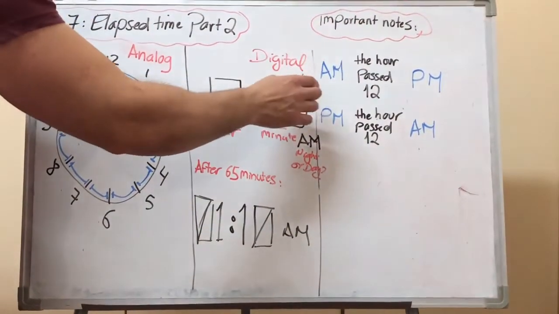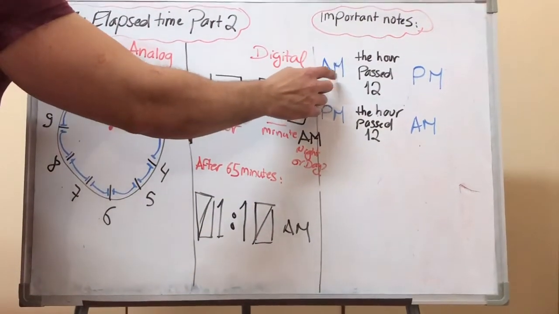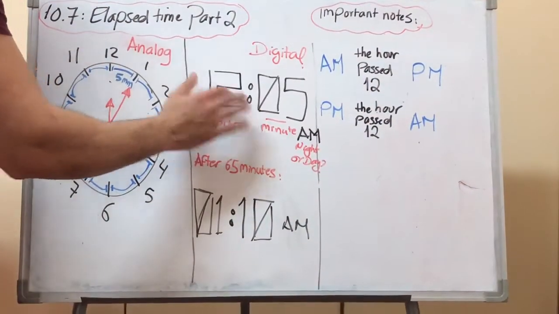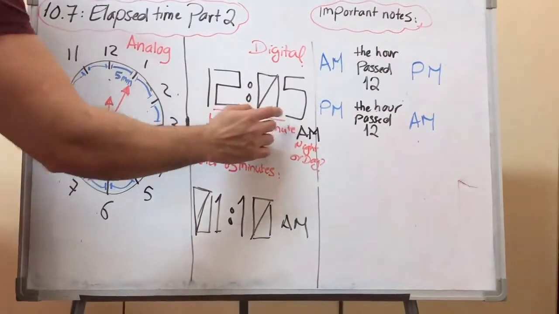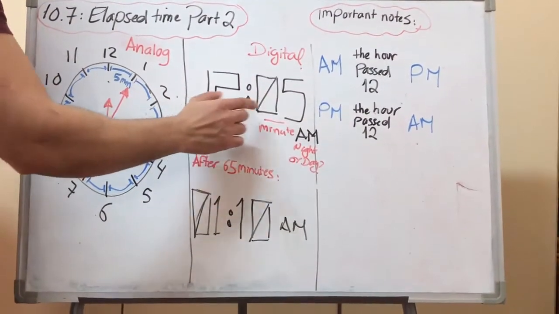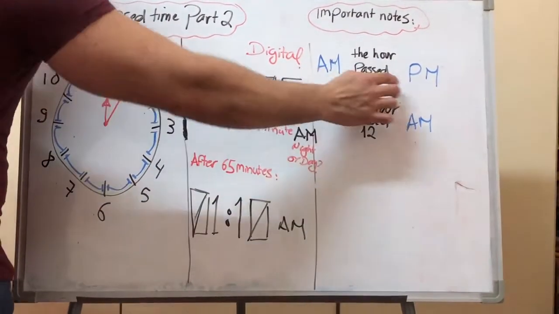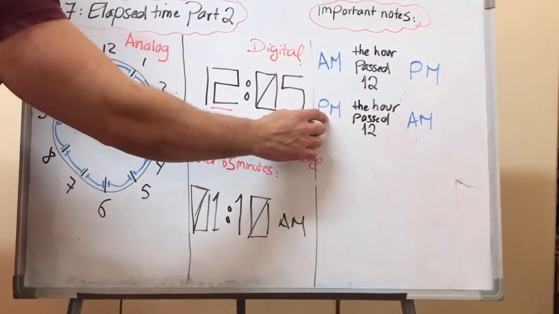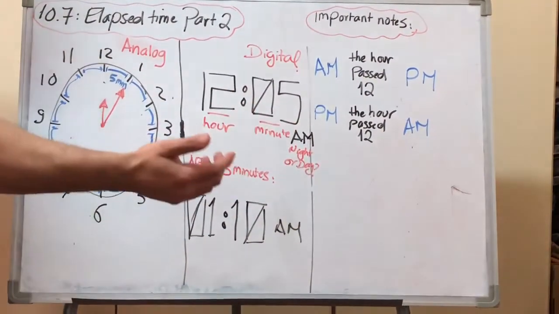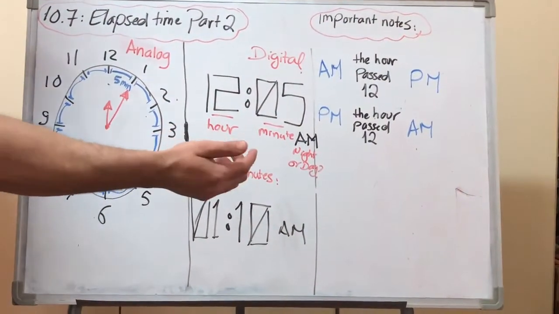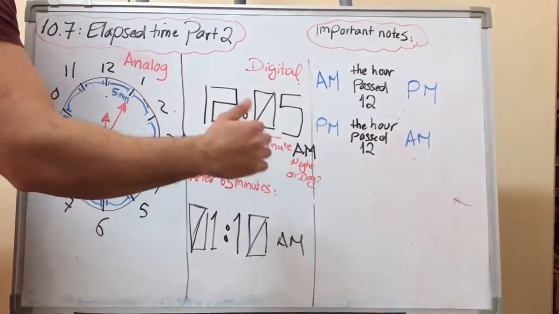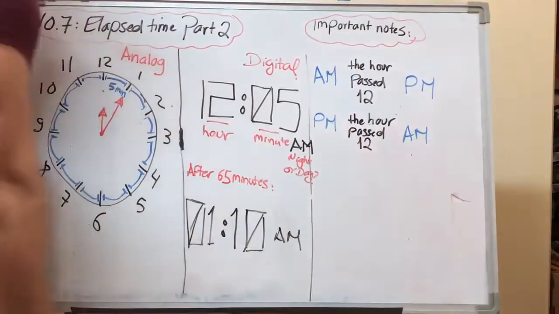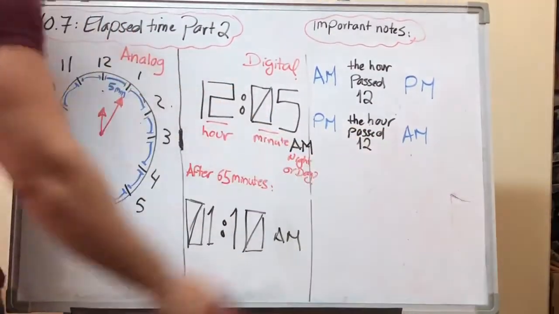Important notes. If your clock is standing at AM and the hour passes 12, like 12:05 here, it just passed 12, then the clock switches from AM to PM. If you're already at PM, for example 11:45 PM, and then the clock becomes 12:01, then it changes to AM, to morning.